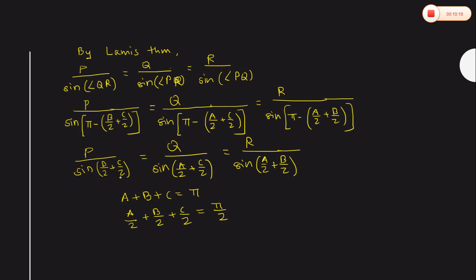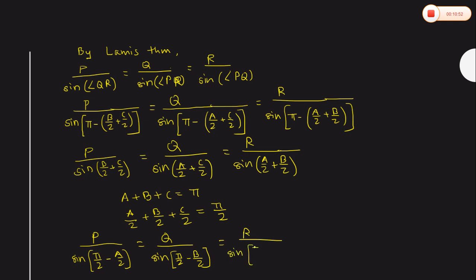And therefore B by 2 plus C by 2 can be written as pi by 2 minus A by 2. So this ratio becomes P upon sine of pi by 2 minus A by 2 is equal to Q upon sine of pi by 2 minus B by 2 is equal to R upon sine of pi by 2 minus C by 2.